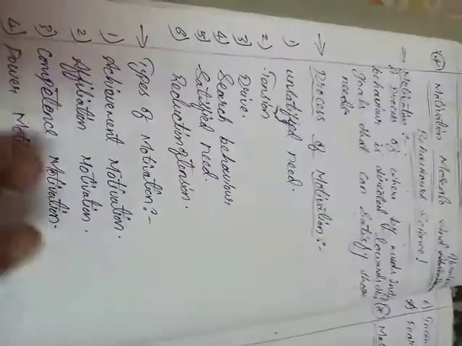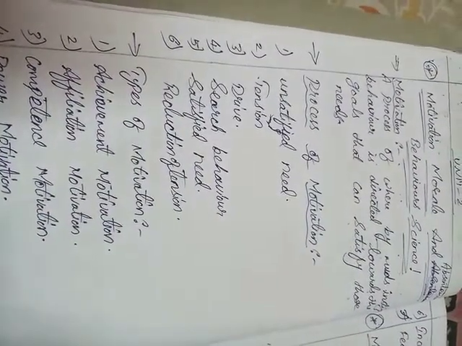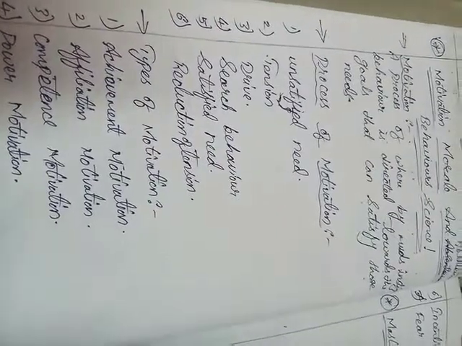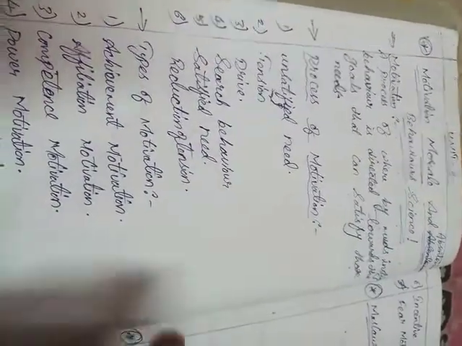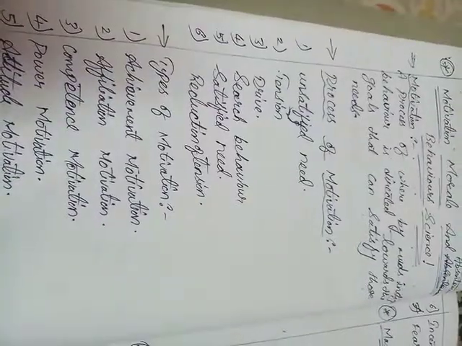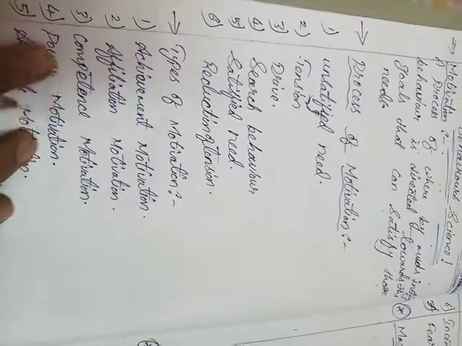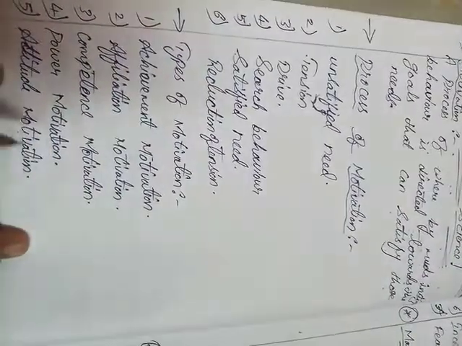Right. Achievement motivation. In achievement motivation, we need to meet a realistic goal, which means the goal must be unique and different from what others are doing, right? And the next one is affiliation motivation, and then competence motivation, power motivation, attitude motivation.